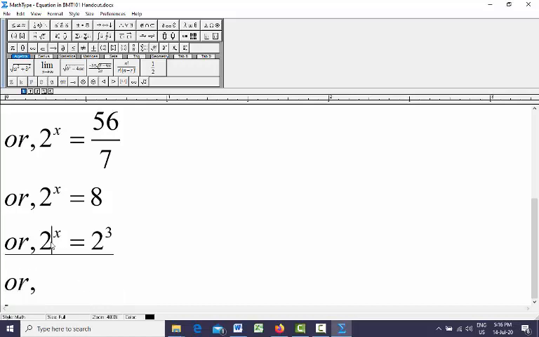As I said before, here also the base is 2, and on this side also the base is 2. Since the base on the left hand side and the base on the right hand side are the same, the powers are equal to each other. So x is equal to 3. So that's the solution of this problem, right?